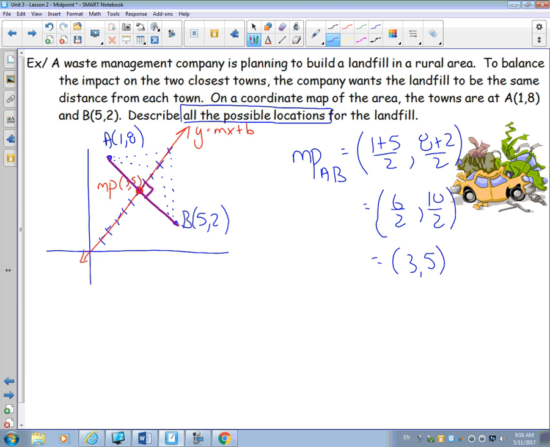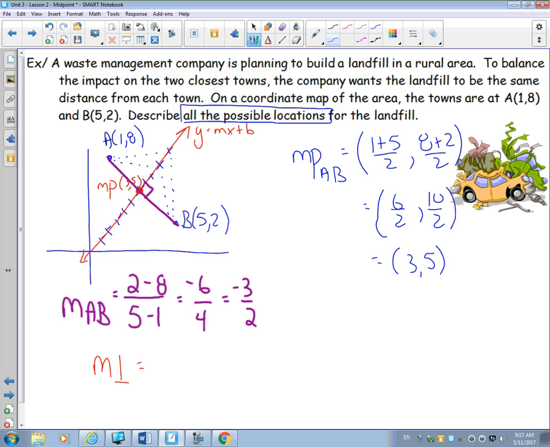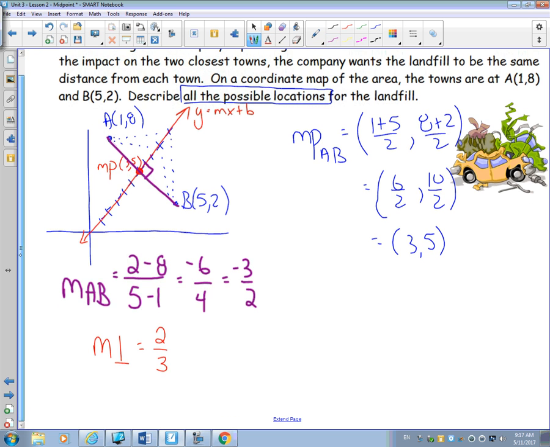So I can find the slope of AB, because I know A and B. Using y2 minus y1 over x2 minus x1, I get a slope of negative 3/2. For the red line, the line I really want, the perpendicular slope, I can find the negative reciprocal. It's 2/3, which I can then use to find the equation of the line.